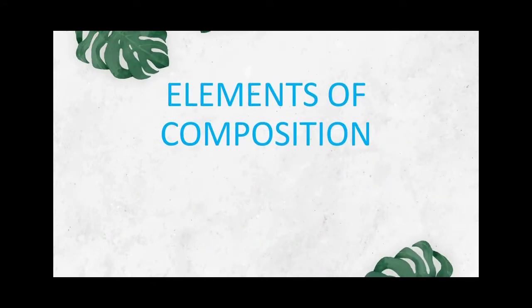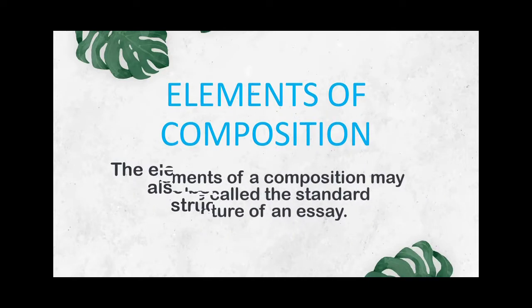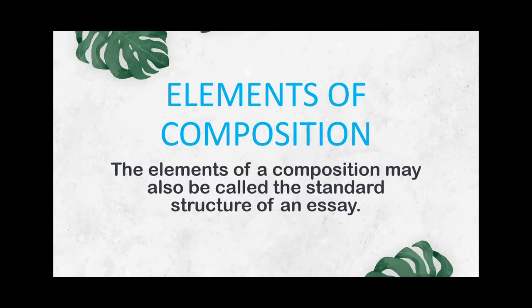Now let's look at elements of a composition. What are the elements of a composition? The elements of a composition may be also called standard structure of an essay. And what are they?